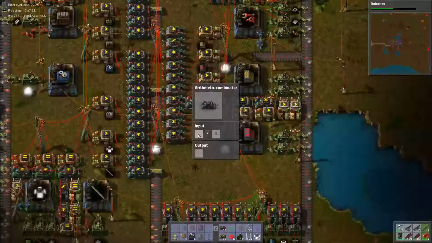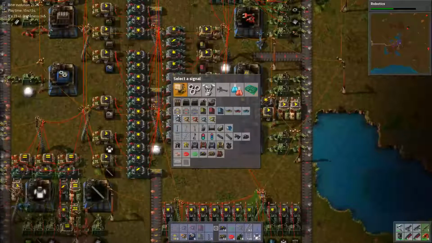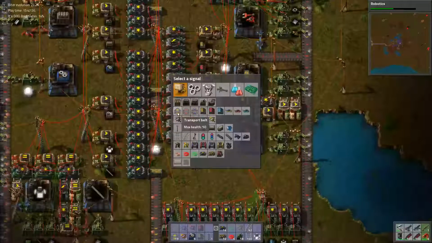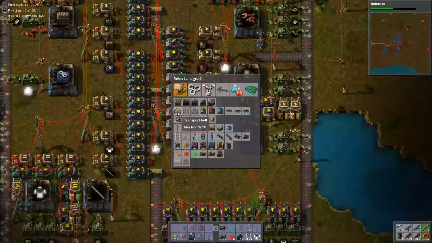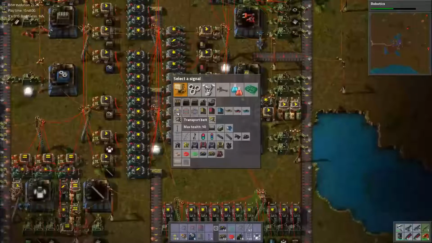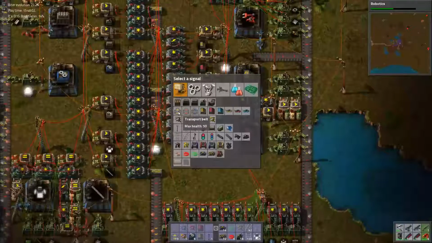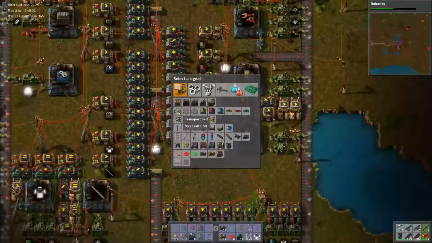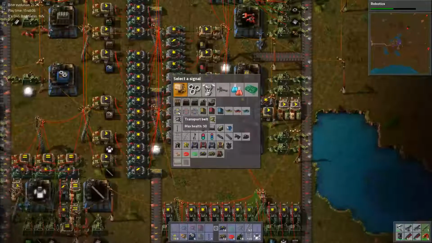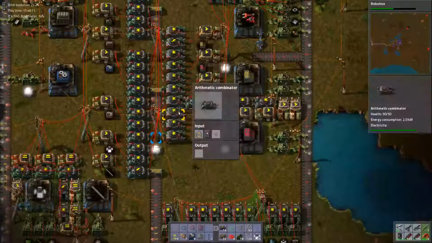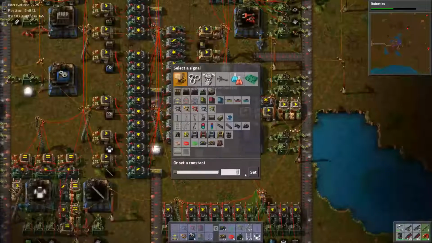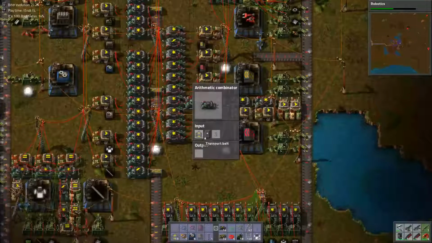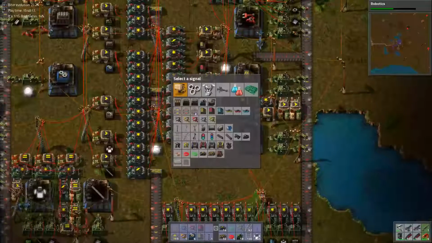So this is going to take our... For every 2, you need 5. Alright, so this first one is going to take this, divide by 2. And it's going to output the same thing again.